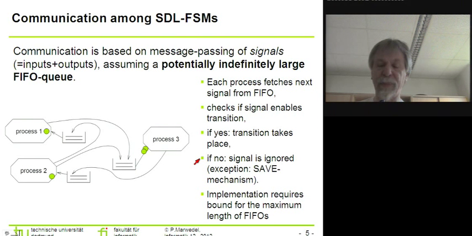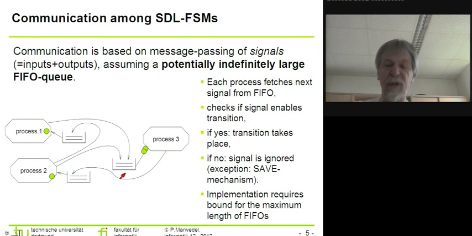Now, it's a very key idea for SDL that theoretically we assume that these FIFOs are of unlimited capacity. That means when we discuss the meaning of such a model, we will never argue about FIFOs that could be full.